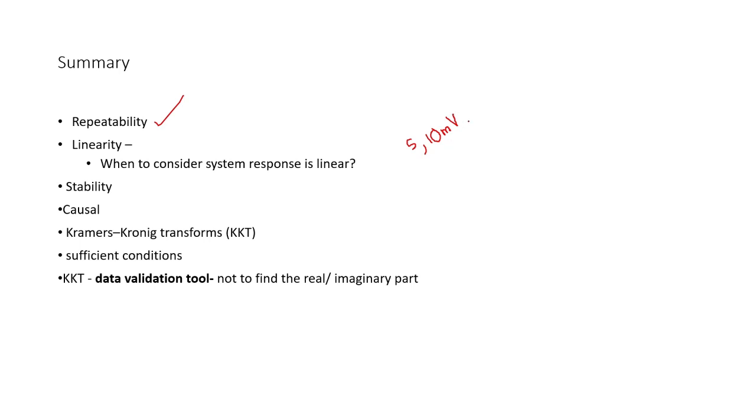We also said that above 10 millivolt, what happened? Above 10 millivolt, non-linear effects come into play. What does the non-linear effect mean? Above 10 millivolt, I can say that non-linear effects come into play and it is undesirable. So how to check which region the system can give us a linear response? Anyone?